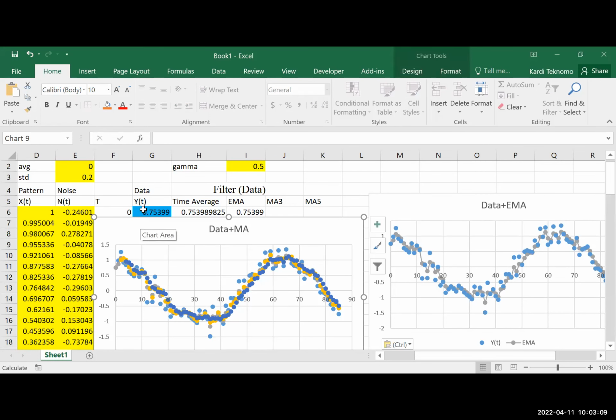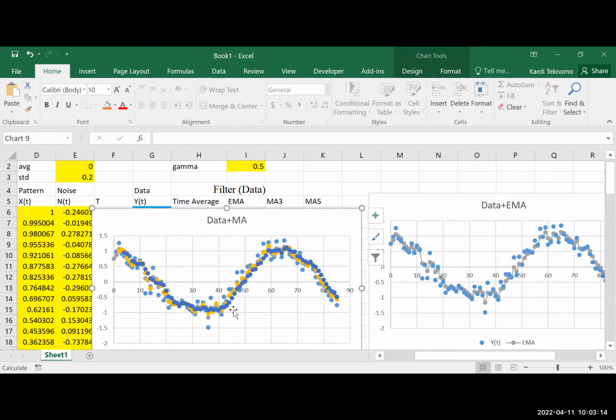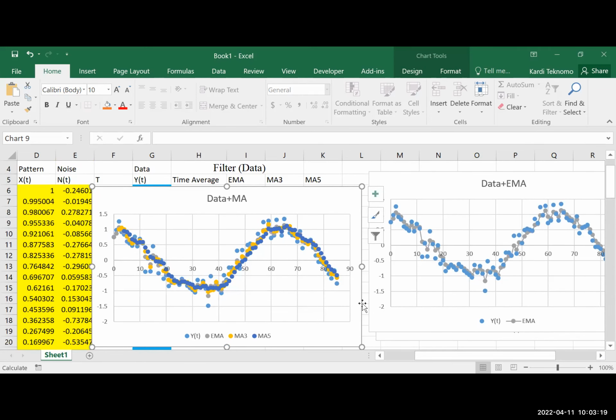Control V there. Quite close between the... so I will remove the M. So moving average is also another way of filtering your data points to create the pattern.